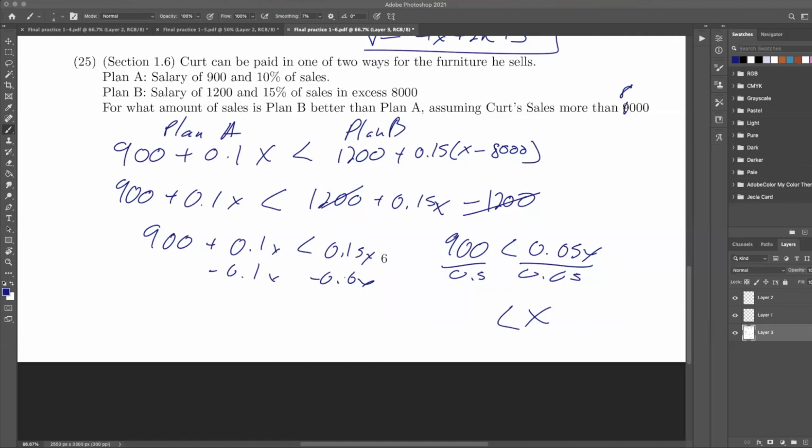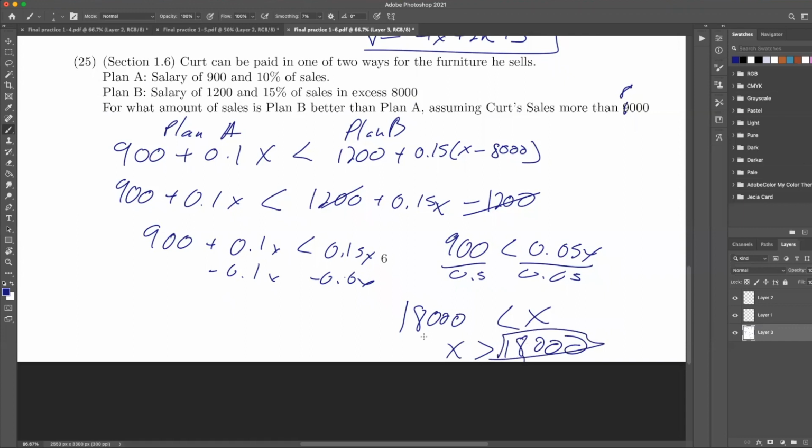It's the same thing as multiplying by 20. So 18,000. So here x is greater than 18,000. And so the answer here is the amount of sales he needs to sell: over 18,000.